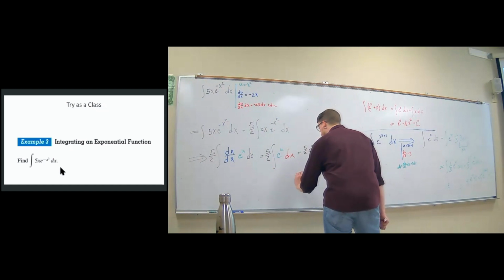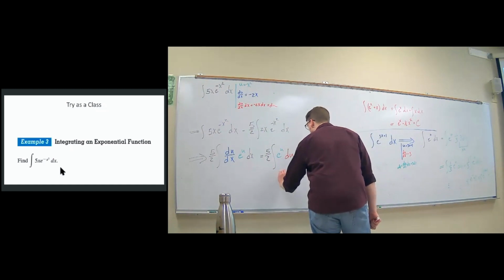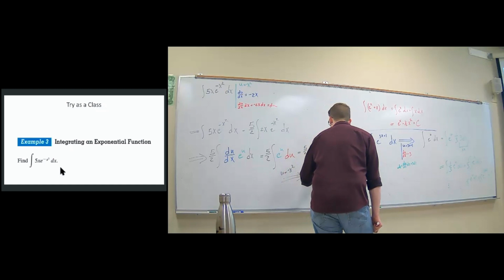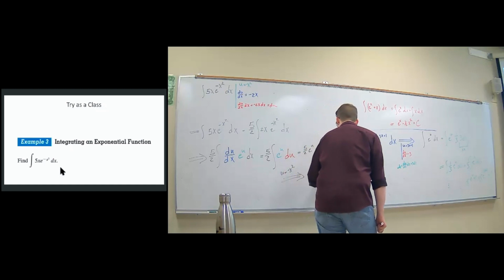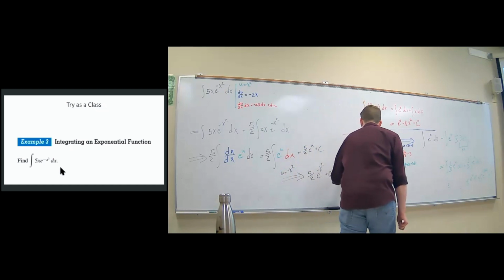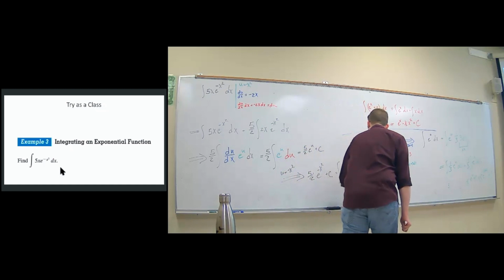So substituting back in that u is equal to negative x squared, we get 5 over 2 e to the negative x squared plus a constant is equal to the integral of 5x e to the negative x squared integrated with respect to x.